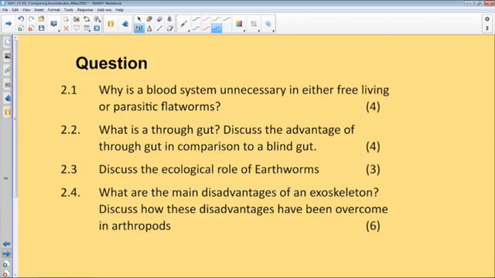So question 2.1. Why is a blood system unnecessary in either free-living or parasitic worms? So quite an open question. A blood system unnecessary in either free-living or parasitic worms. So essentially in this group of organisms, we're referring to the tapeworm.